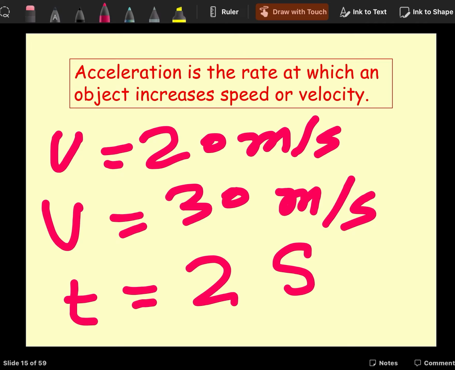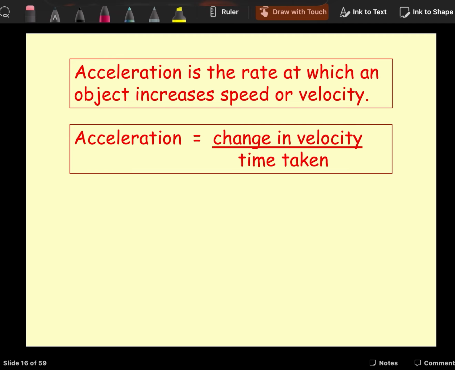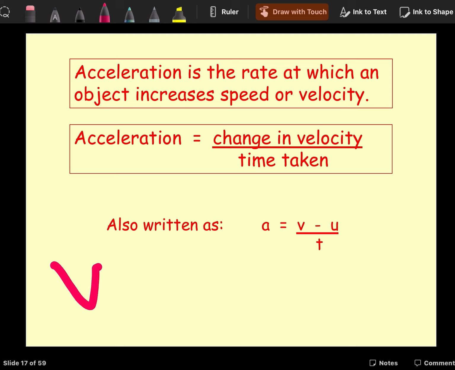So in this way, this change in velocity with respect to time is called acceleration. How do we calculate it? Change in velocity over time. Mostly we write it v minus u. This v stands for final velocity and this u stands for initial velocity, v minus u over t. We will solve different examples as well.